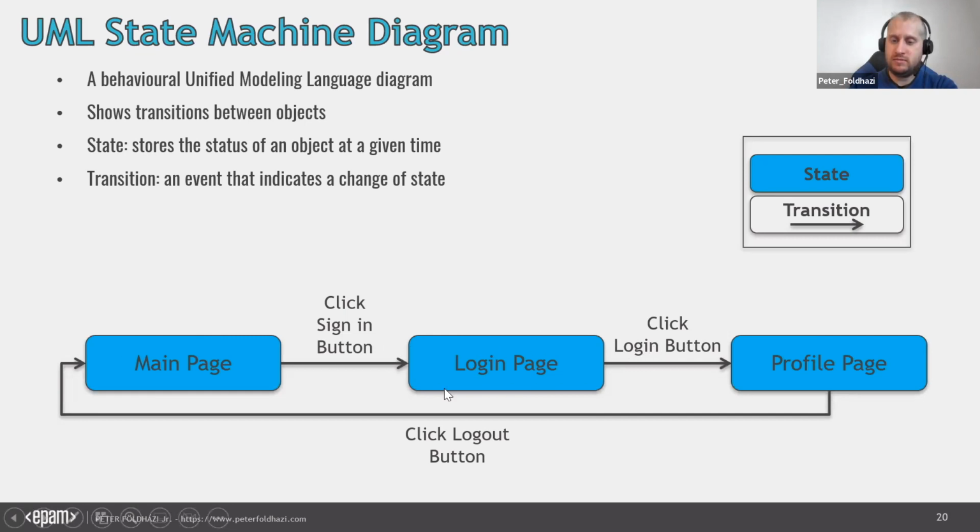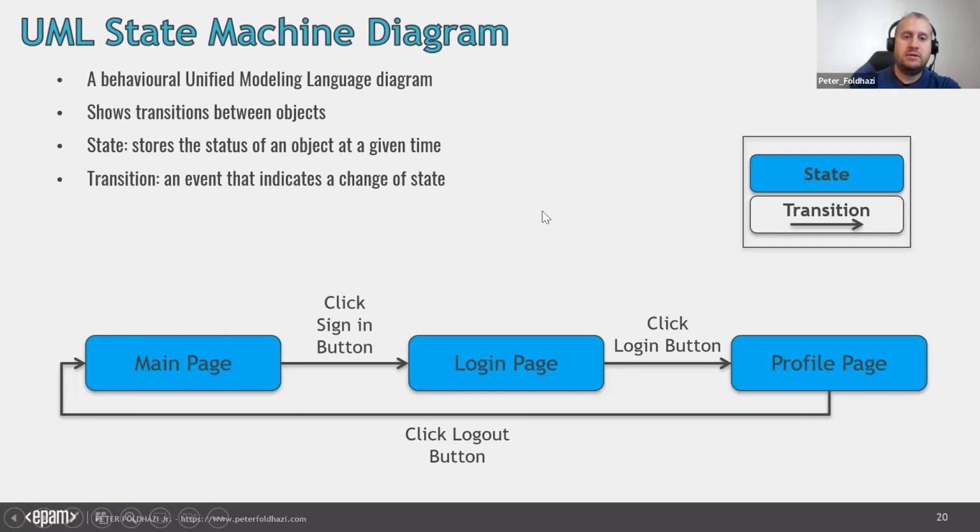You are going to write all your credentials in. You click on the login button, the profile page appears. You can do whatever you want there. You click the logout button and you're back to the main page. So these are your states here, these blue ones here, and all the arrows are showing the transitions.